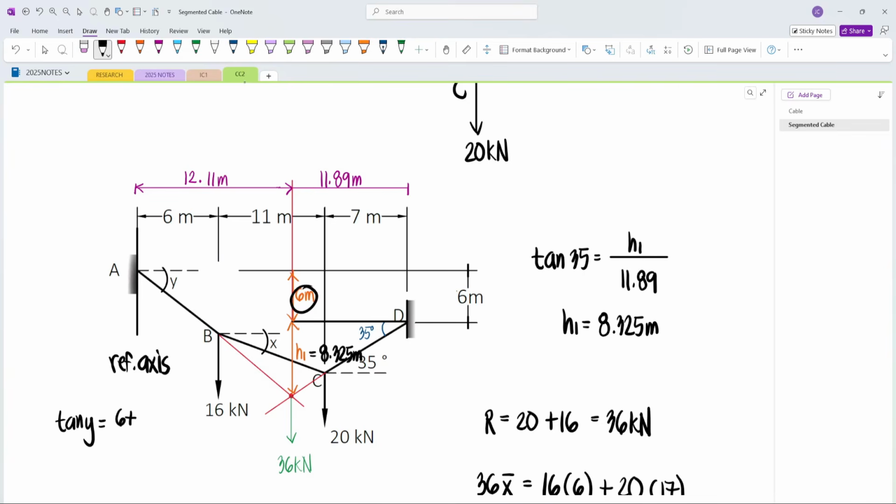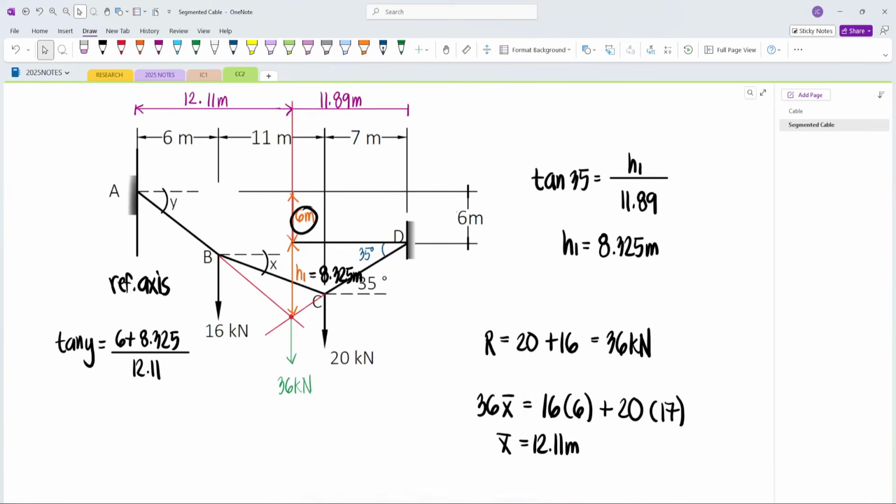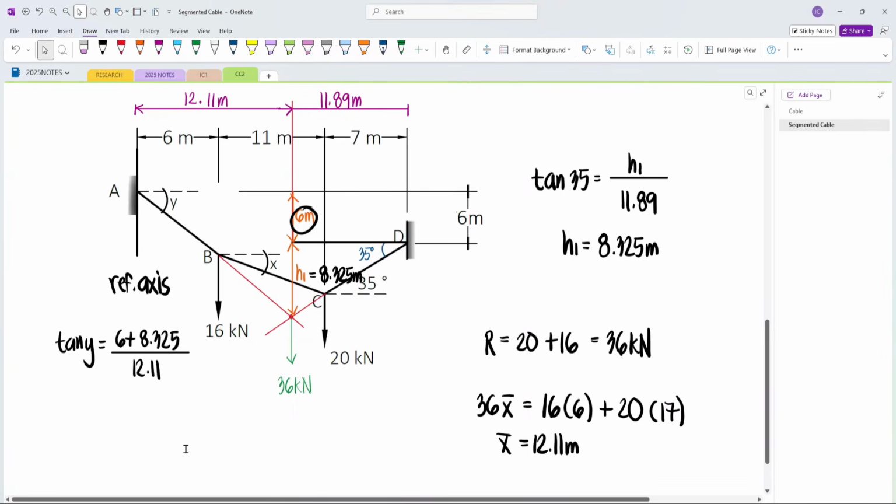So, 6 plus 8.325. Then, yung adjacent side niya naman is 12.11 meters. Ayan, yung distance na yan. So, to solve angle Y, arctangent na lang. Arctangent, then we have 6 plus 8.325 divided by 12.11 equals, we would get 49.79.